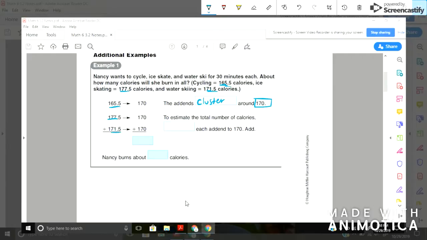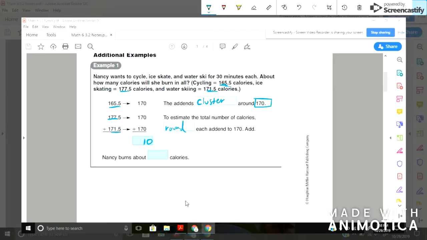Okay, so to estimate the total number of calories, round each addend to 170 and add them. Well, 0 plus 0 plus 0 is 0. 7 plus 7 is 14, plus another 7 will be 21.